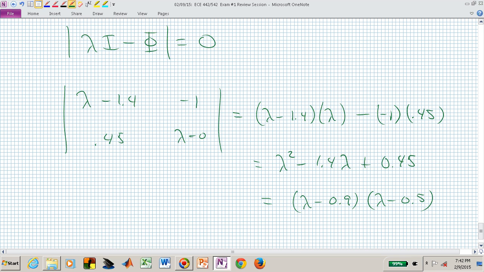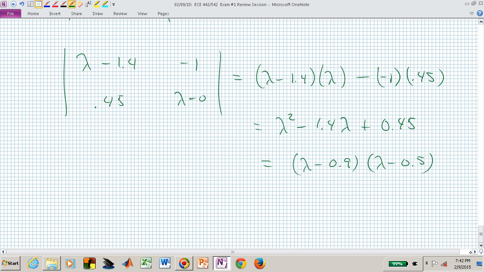Wasn't that convenient? So that factored. And if you couldn't see that, you could apply the quadratic formula, and it better give you the same roots.